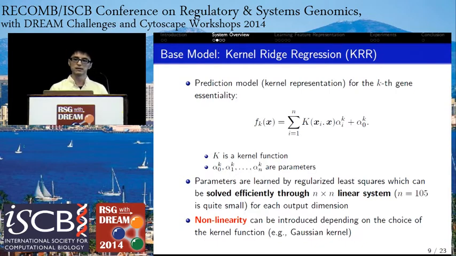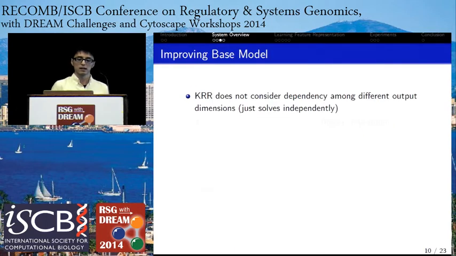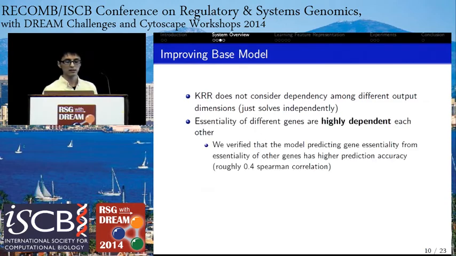This approach worked reasonably well in some sense, but kernel ridge regression, KRR in short, does not consider the dependency among different output dimensions, different genes in this case. This approach just solves each gene independently. However, the essentiality of different genes is highly dependent on each other.